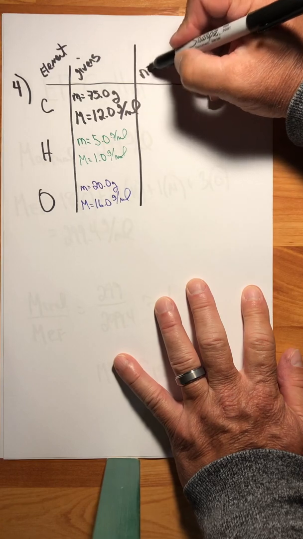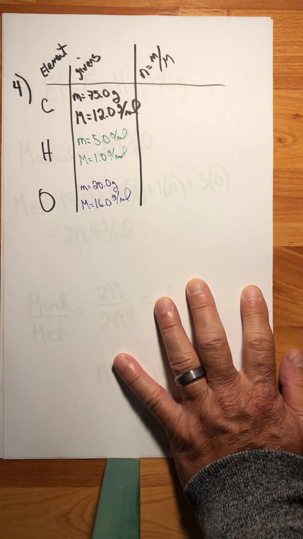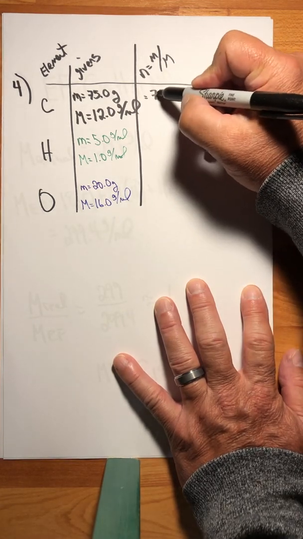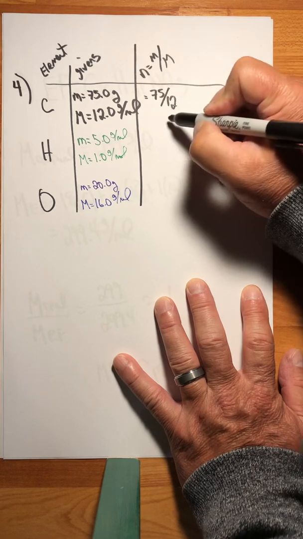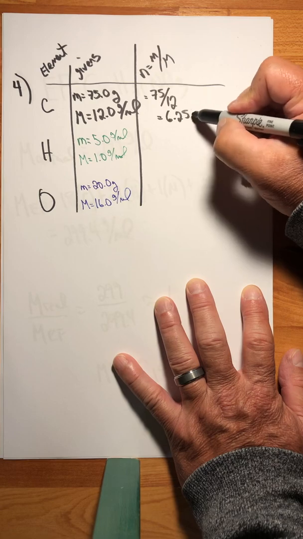My next column, I'm going to find the number of moles. Mass divided by molar mass. So I am going to do 75 divided by 12, which when I do that, I'm going to get 6.25 moles.